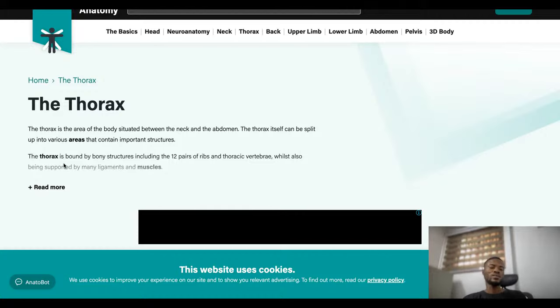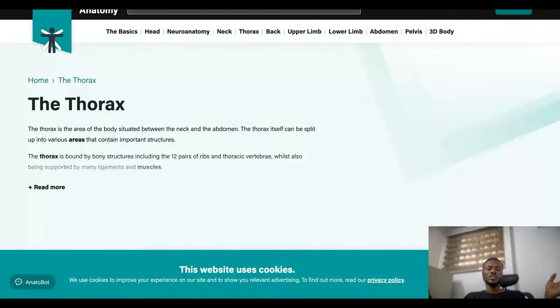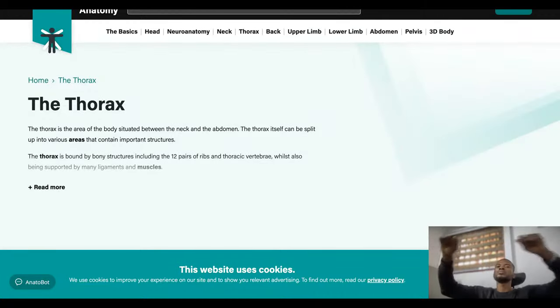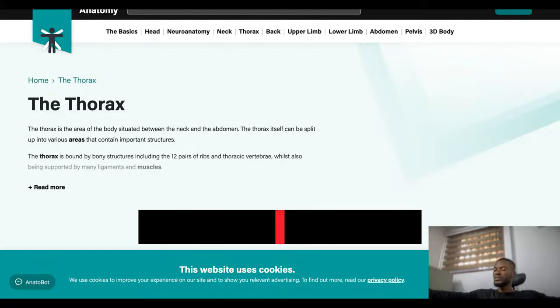Okay, so the thorax is bound by bony structures, including the 12 pairs of ribs and thoracic vertebrae, and is also supported by muscles and ligaments. So we know that we have 12 ribs, which are coming from the 12 thoracic vertebrae.